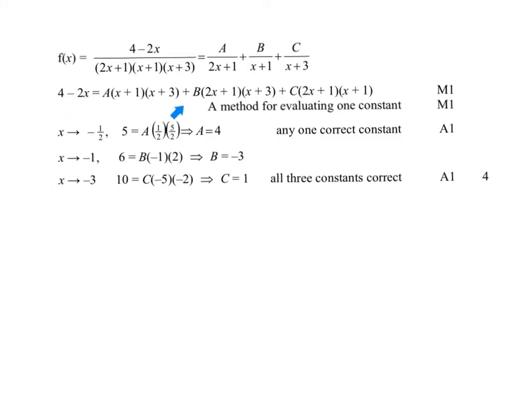It tells you where the method is there. We multiplied through, method 1. We've done the method for evaluating the constant, which is looking for a substitution. Any one of them correct, you get a mark, and you want all 3 for the 4 marks.